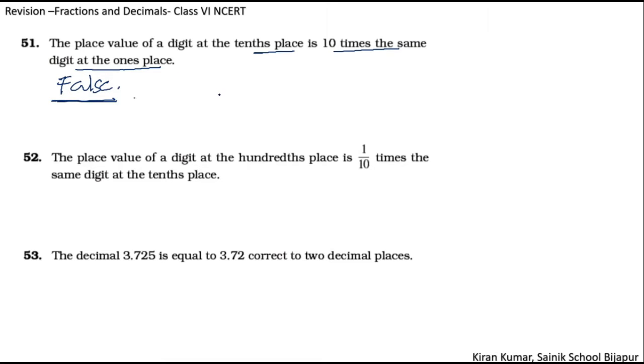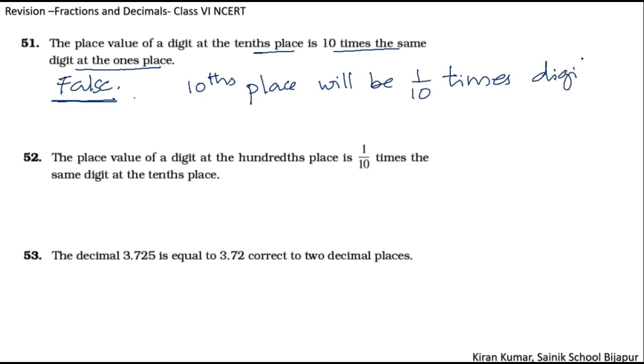The place value of a digit at the 10th place will be 1 by 10 times the digit at the 1st place. It will not be 10 times, it will be 1 by 10 times.